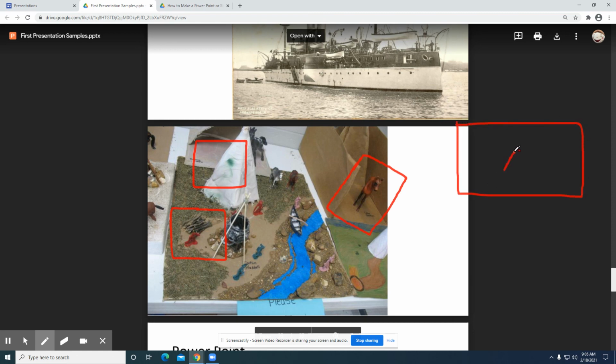Here's your picture. I tried to recreate this. Here's a stupid horse. Look at that horse right there. What else do we have? We got the fire, the offensive TP. We got the man right here. So maybe in the next one you focus on the man, and then the stupid horse. And now you're starting to make multiple slides of your one model, as opposed to just having this one image of the model.